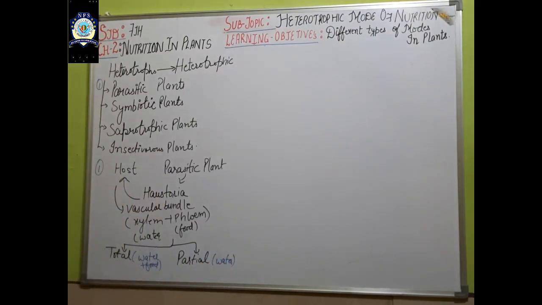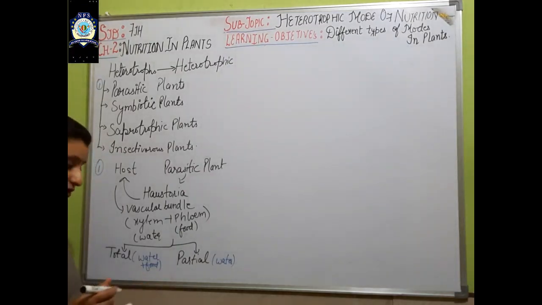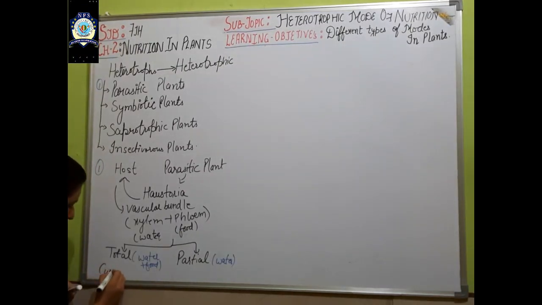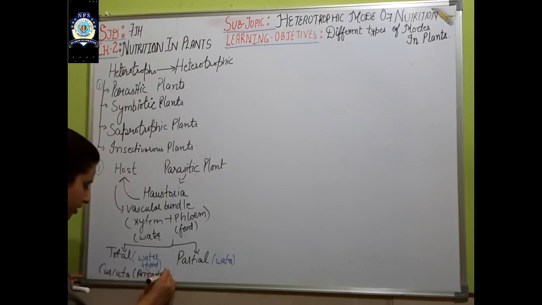If we write an example for the total parasitic plant, then we can go for the Cuscuta, which is also called Amarbel. It just penetrates its haustoria into the body of the host green plant and takes its food and water both from the body of the host.